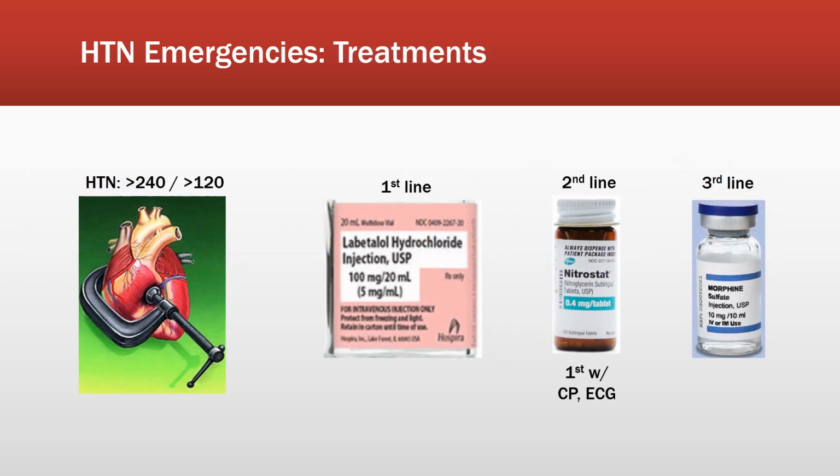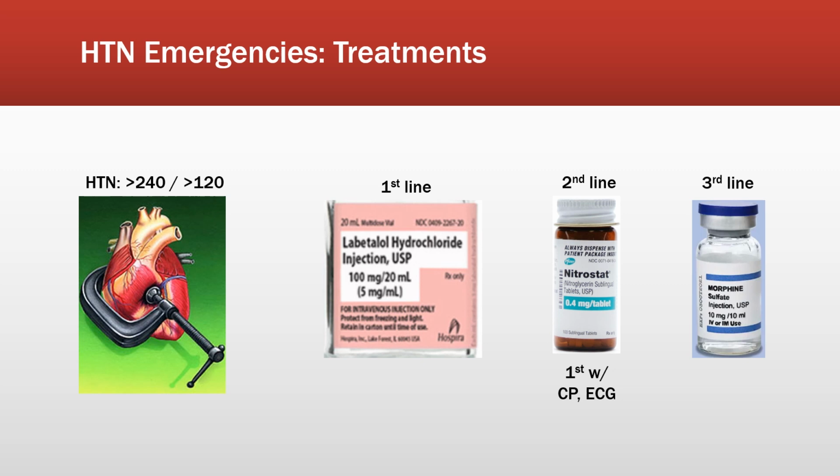If that blood pressure is crazy high, over 240 over 120, you can think about labetalol, 10 milligrams slow IV push over 2 minutes. If it's not helping, you can repeat in 10 minutes at 20 milligrams slow IV push if the BP is still greater than 180/120.